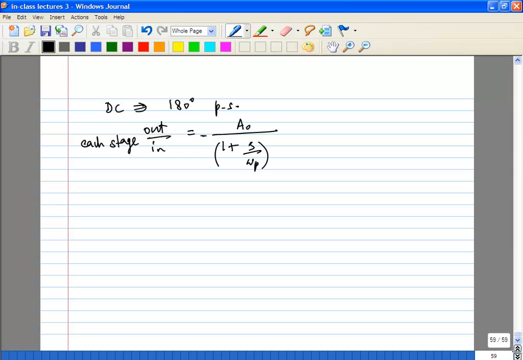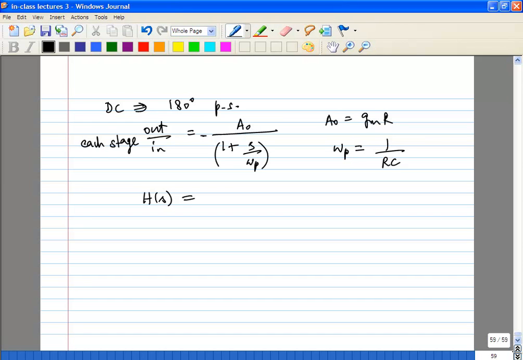This is the gain of each stage. Omega p, let's neglect the capacitance of the transistor and so on. So it's 1 over RC, right?